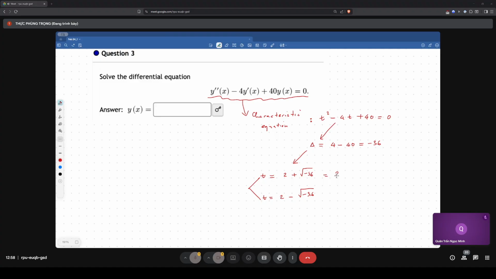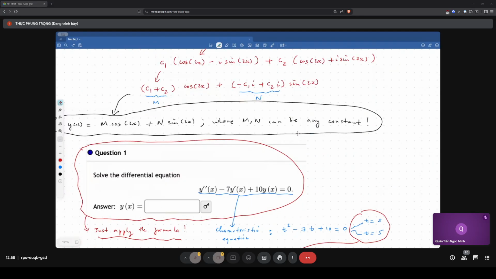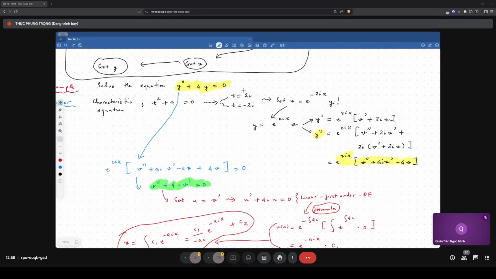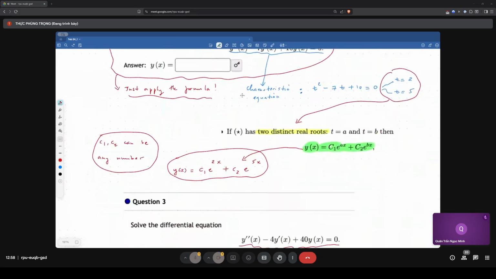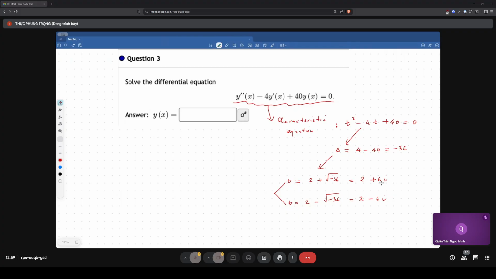So 2 plus 6i, this is 2 minus 6i. This example is similar to the example we considered right here, right? When you had 2 complex roots. Yeah, this one you have 2 plus 6i and 2 minus 6i, they are complex numbers.